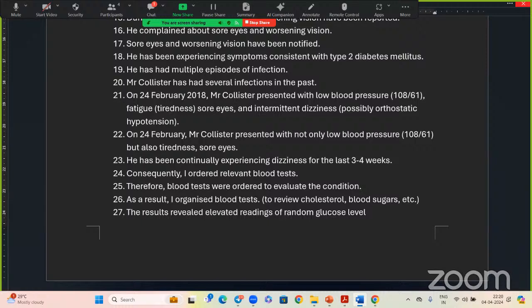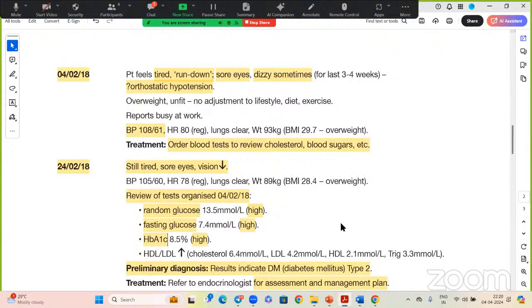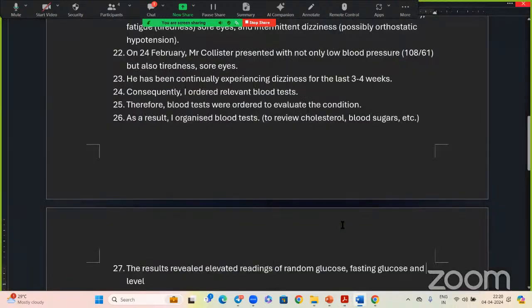Not only random glucose level, comma, then next one fasting glucose and HbA1c.